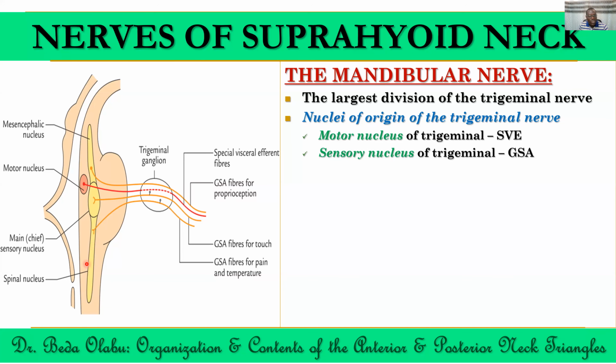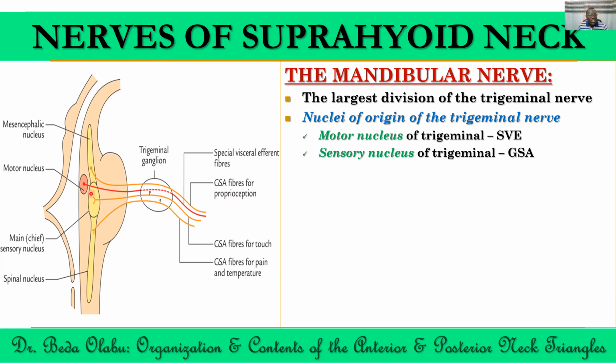It's also important to note that the nerves that terminate in the spinal nucleus of trigeminal are not all from the trigeminal nerve. Some are from facial nerve, some from glossopharyngeal, some from vagus nerve. They also project to the spinal nucleus of trigeminal because those nerves also have GSA function.